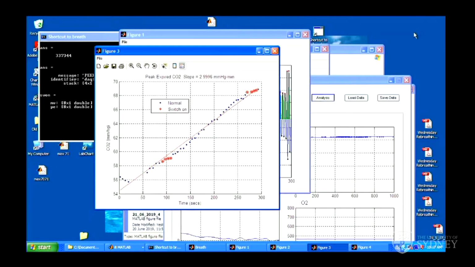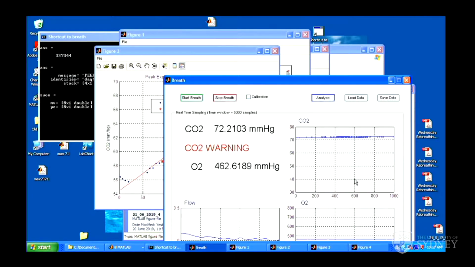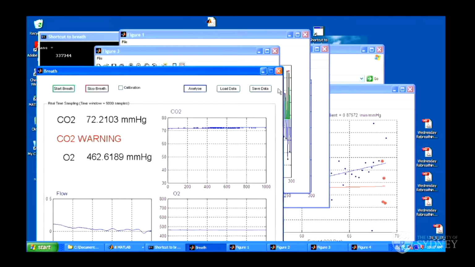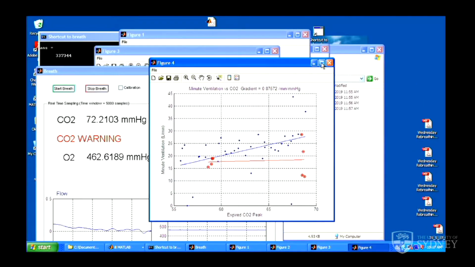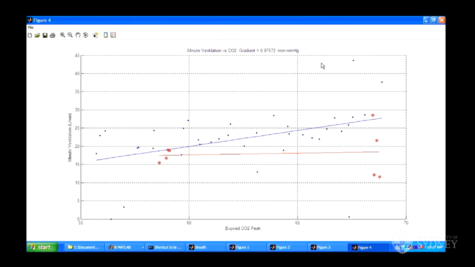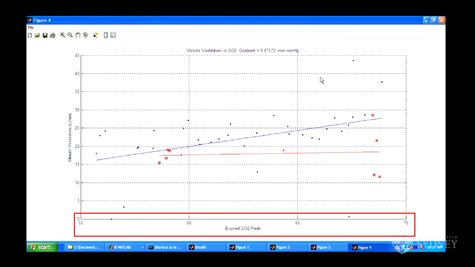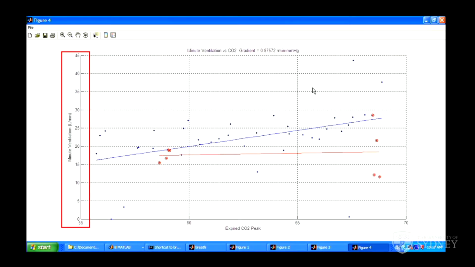Okay, now what happens to ventilation as that CO2 increases? Well, this is CO2 on the x-axis, going up to nearly 70, and minute ventilation in litres per minute on the y-axis.